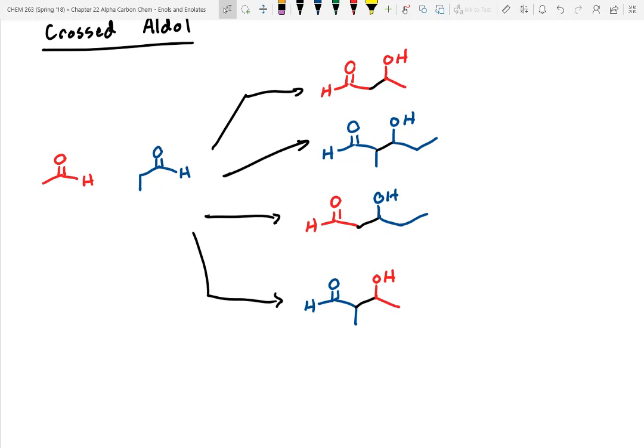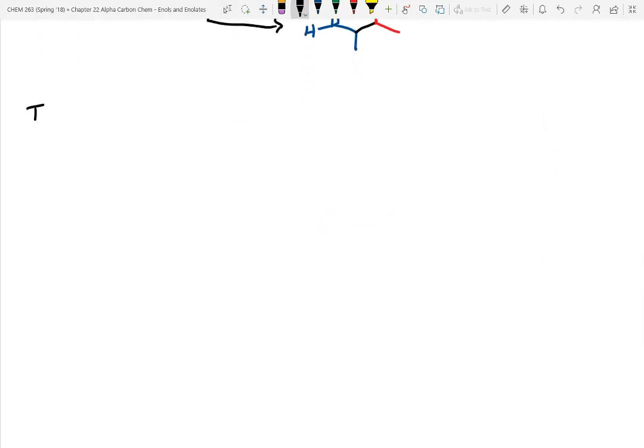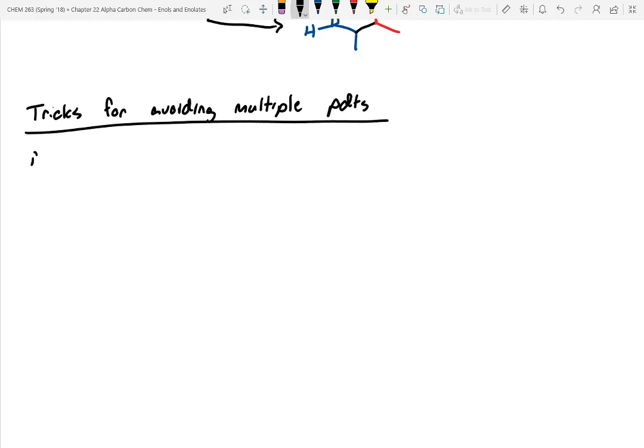There's a few tricks that chemists use, so I'll show you the standard protocol. So, tricks for avoiding multiple products. The first one is simply avoid the problem.